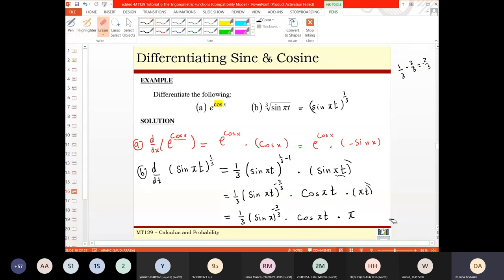We can simplify it, writing pi over 3, and here I will have cosine pi t, and down there I will have the sine of pi t squared and third root. If I want to simplify it, it can be written like this, or I can just leave it like this. This is the correct answer. Clear?